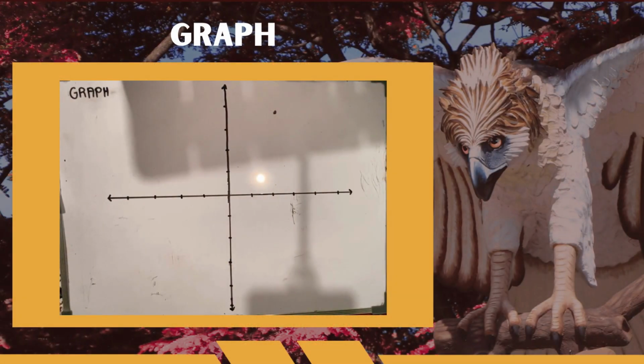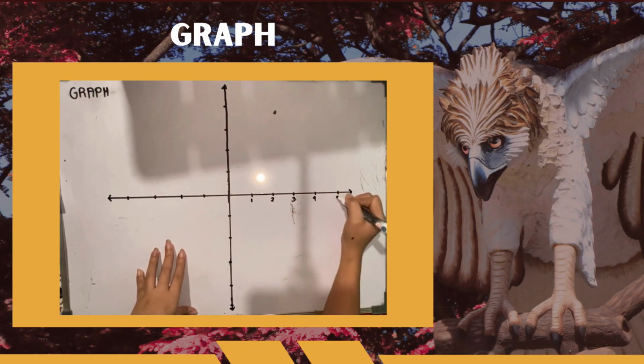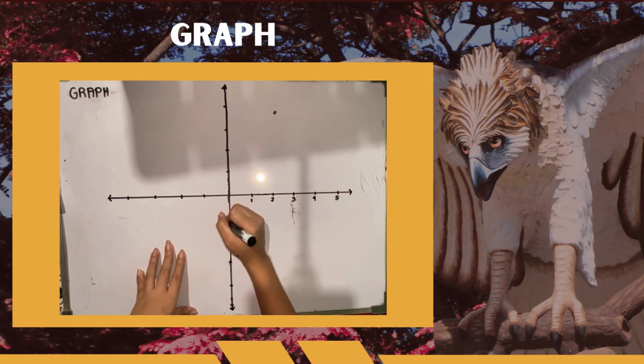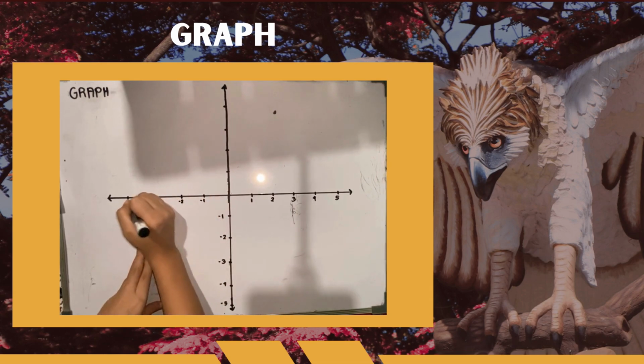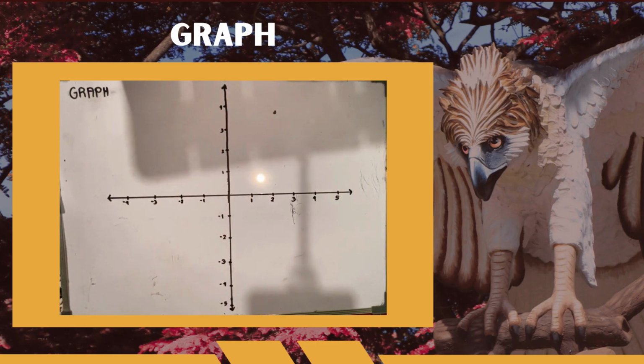Since we're already done with our table of values, we can now do our graphing. With the help of the table of values, we can easily plot the points, then connect those points to become a curve.